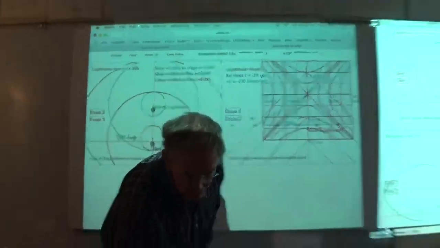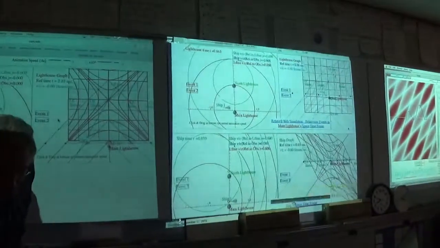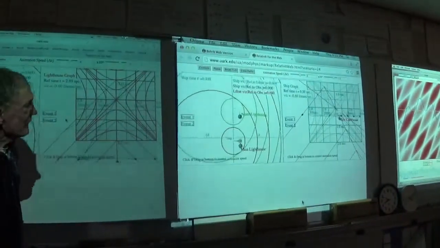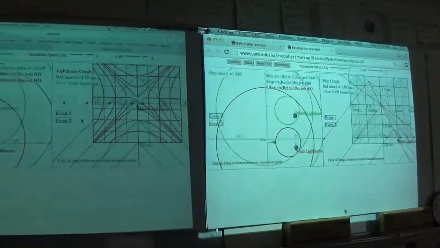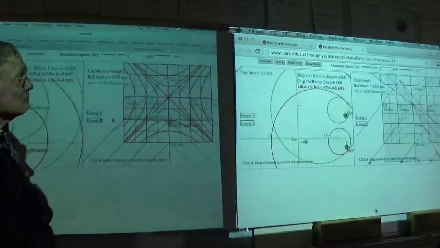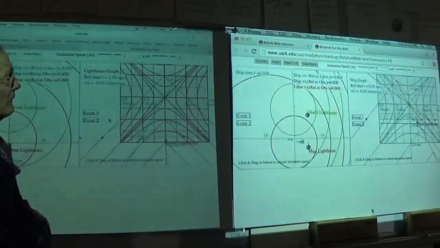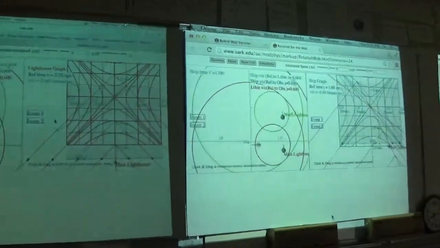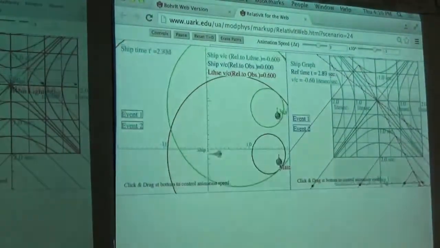And then over here, I'm going to go ahead and start the animation as seen by Bob, who is moving at a pretty good clip here. 0.6, in fact, is how fast Bob is moving.